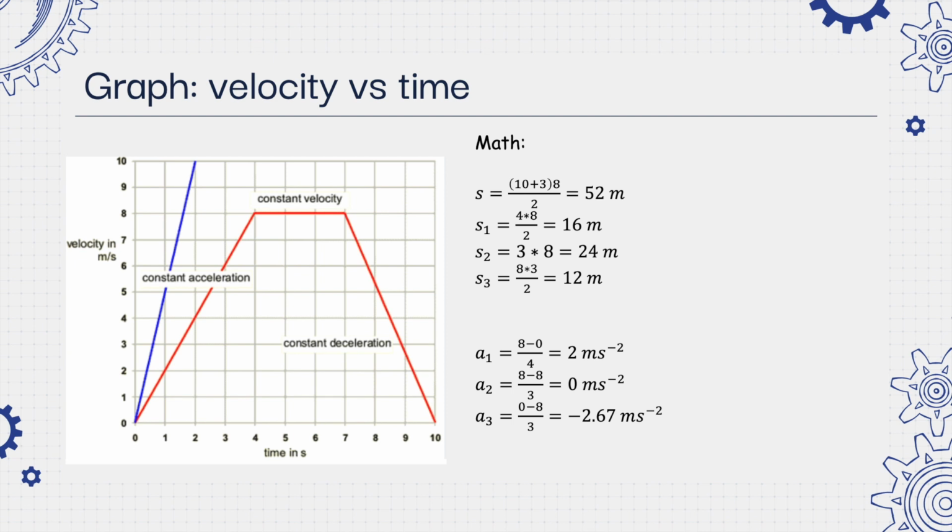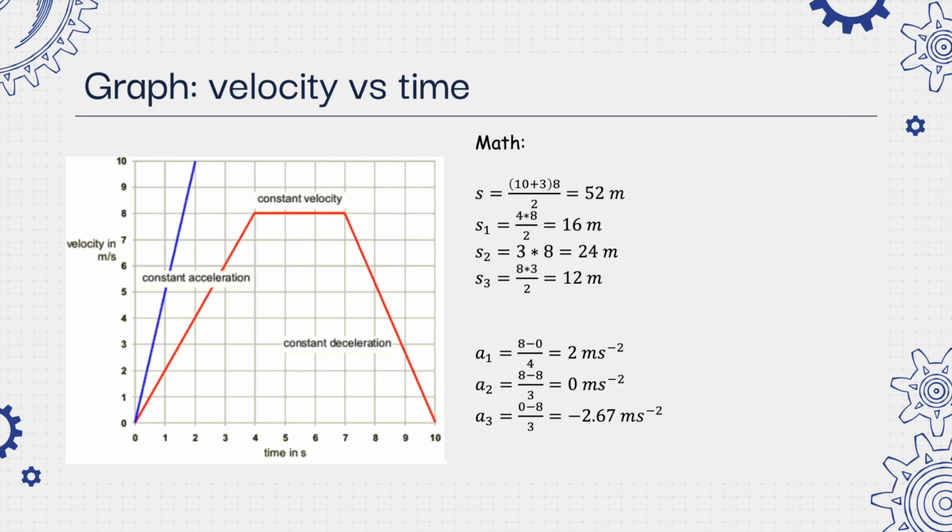The velocity is changing and it's going to be greater each second. Then we have a moment where the velocity is constant at 8 meters per second. And then it's a constant deceleration, that is actually negative acceleration, that makes the velocity return to 0.